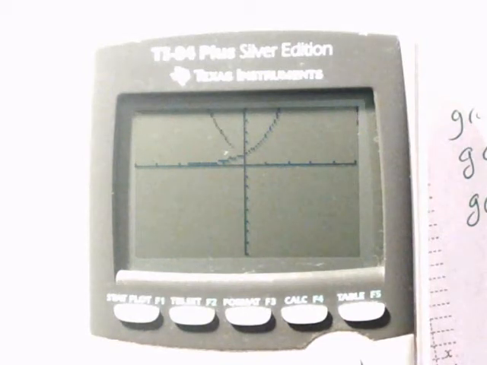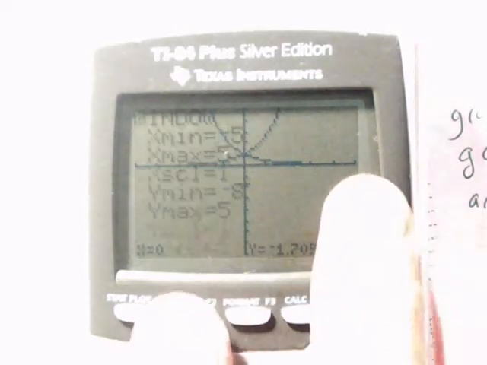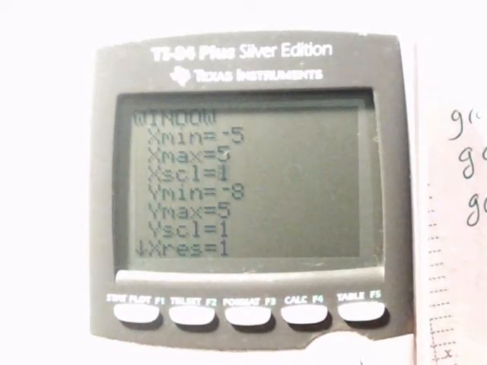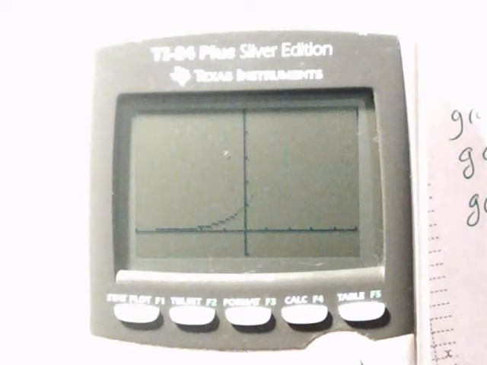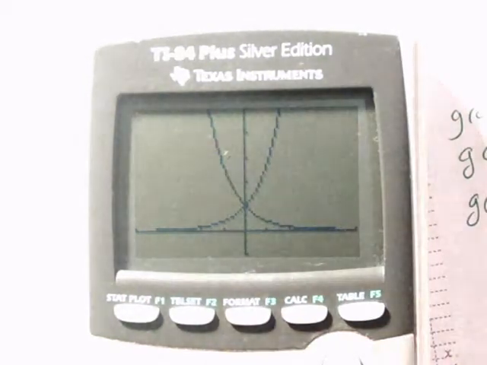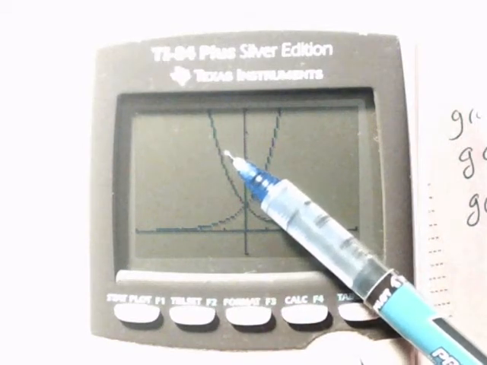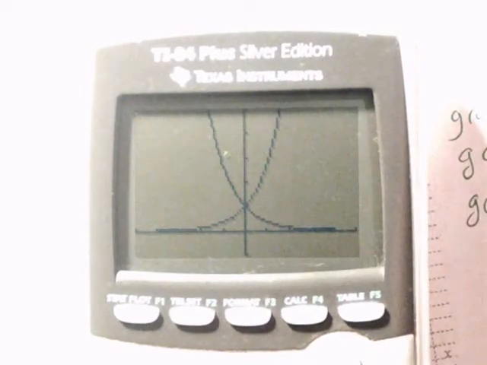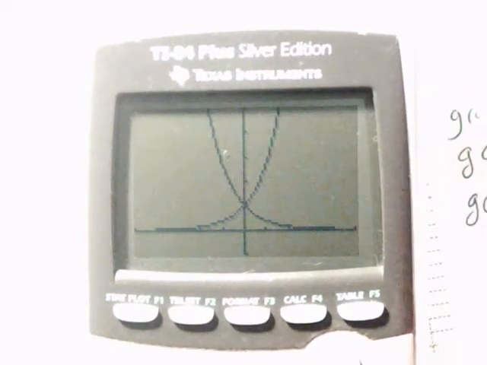It's the typical shape of an exponential function. I move my window a little bit. The one under is e to the power x, and this one is e to the power minus x. So, the typical shape of an exponential function.